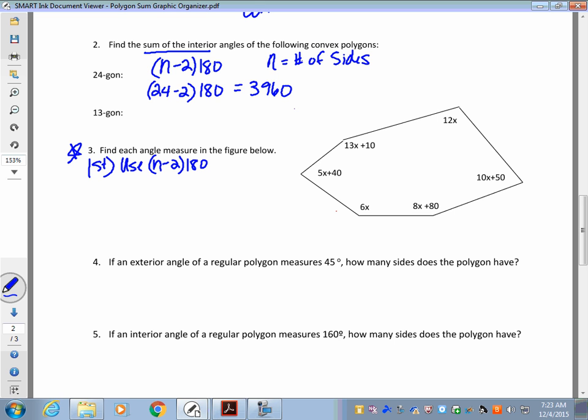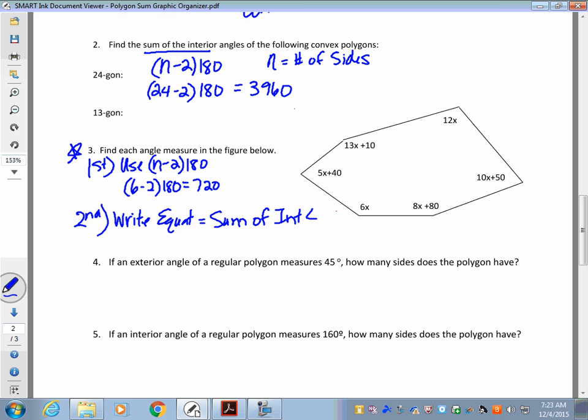So first thing I'm going to do is 6 minus 2 times 180, which gives me 720. And then the second thing we're going to do is write an equation that correlates with that sum. So second, just tell yourself, write an equation. I'm going to abbreviate equation, equaling the sum of the interior.